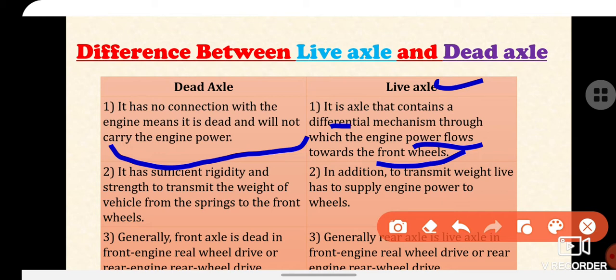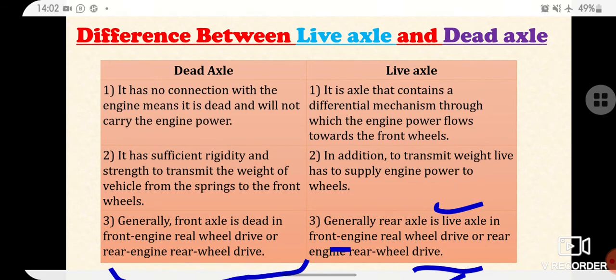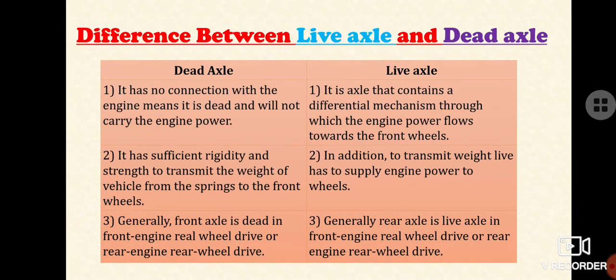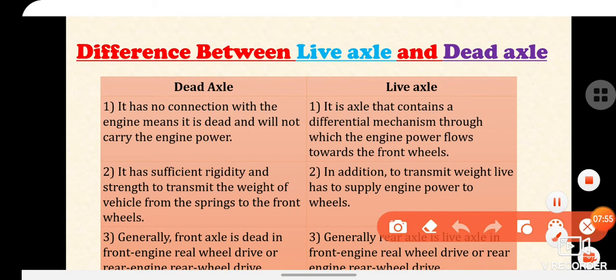Second difference: a dead axle has sufficient rigidity and strength to transmit the weight of the vehicle from the springs to the front wheels. On the other hand, a live axle, in addition to transmitting weight, has to supply engine power to the wheels.